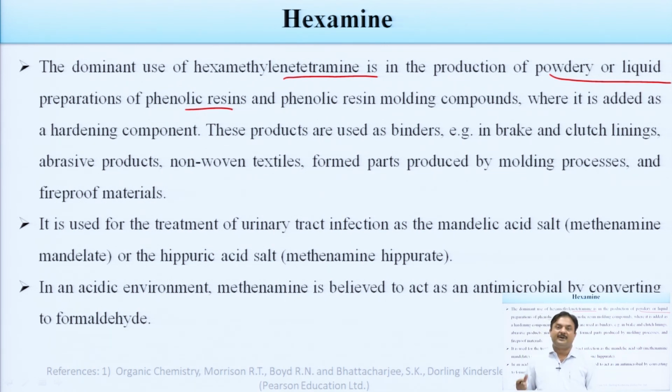Because of that strength, it can also be used in those polymers to prepare brake and clutch linings. Abrasive products and non-woven textiles can also be formed with the help of hexamine. So, these are all examples of hexamine, acetone and chloral hydrate.